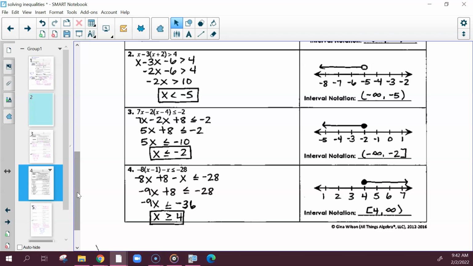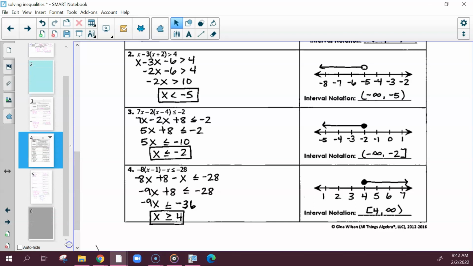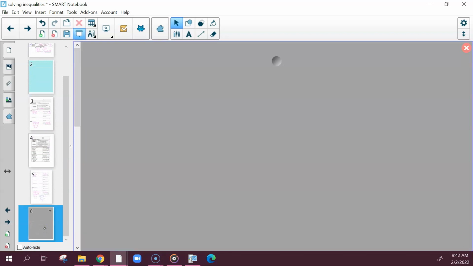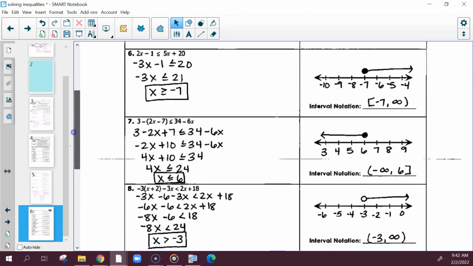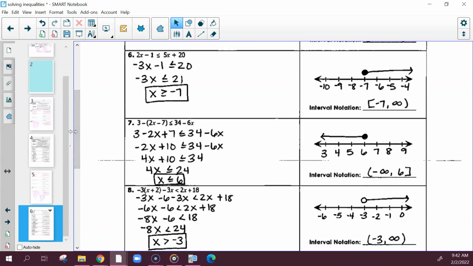On the next page, number 6, x is greater than or equal to negative 7. So that was a closed circle going to the right. Then your interval notation would be negative 7 with a square bracket and then infinity.